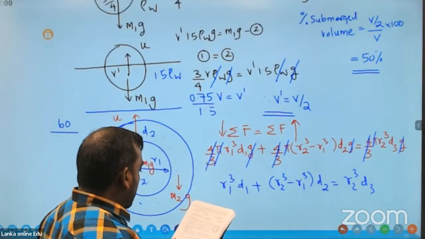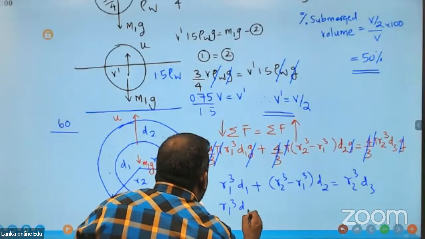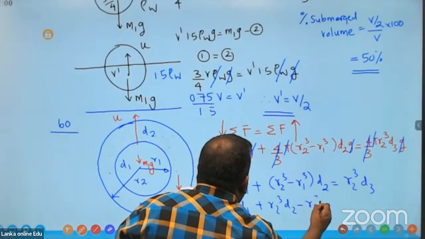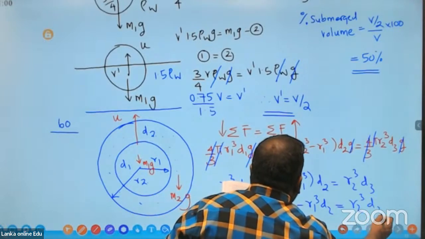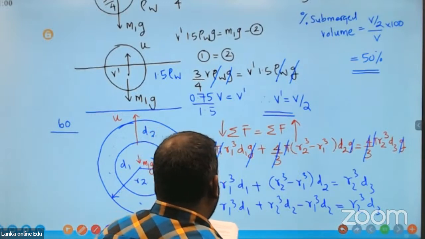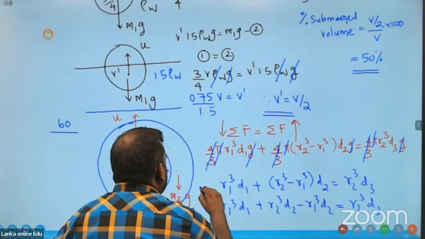See whether you have this answer. R1 cube d1 plus R2 cube d2 minus R1 cube d2 equals R2 cube d3. Answer is answer number 1.